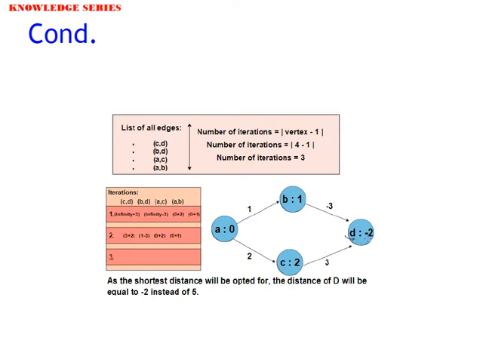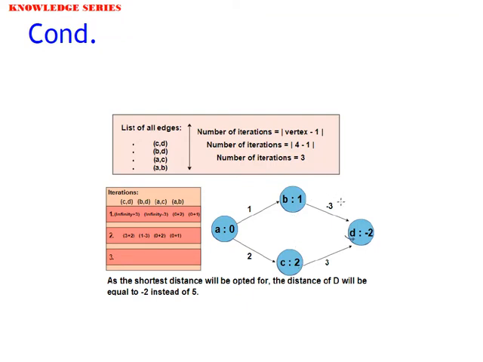Now this infinite is equal to 3 and this is equal to 2. This value of 2, which was updated between A and C, is now known with respect to this one. So 2 plus 3 is 5.